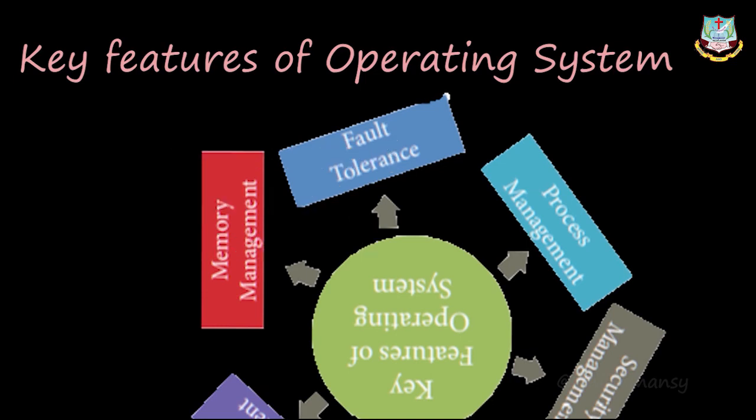Okay. Next one is fault tolerance. Fault tolerance means the operating system must be a robust one. That means when there is a fault, the operating system should not crash. Instead, it must tolerate some amount of fault, and its capability must not be reduced, right? So the operating system will retain the existing state of the system. I'll give you an example for this also.